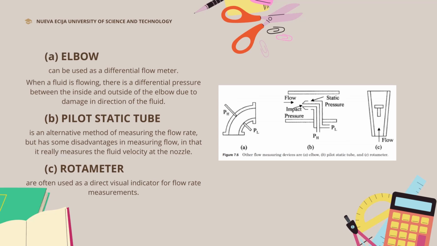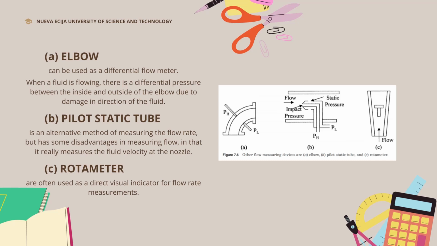The pressure difference is proportional to the flow rate of the fluid. The elbow meter is good for handling particulates in solution with good wear and erosion resistance characteristics but has low sensitivity.